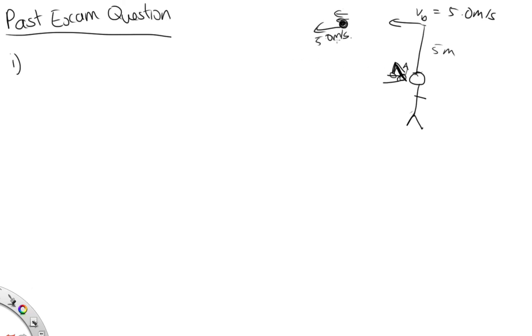So that means that you need to throw it up with a horizontal velocity of 5 meters per second, which means that as soon as you let go, it has a horizontal velocity of 5 meters per second, which the bird also has. And since the grape and the bird have the same horizontal velocity, it's not possible for one to overtake the other. They'll always travel together. So you need to throw it when the bird is directly overhead.